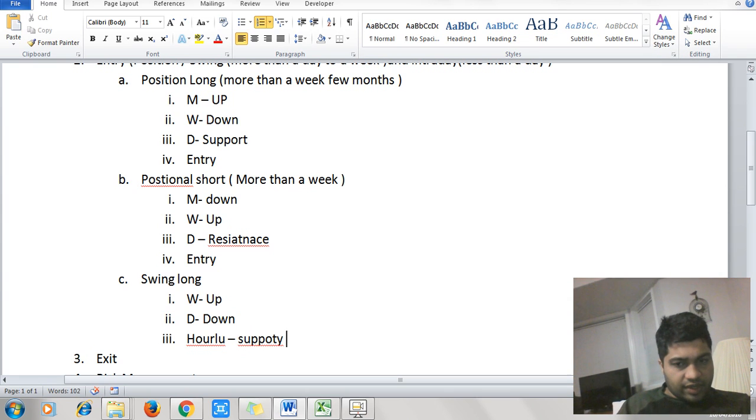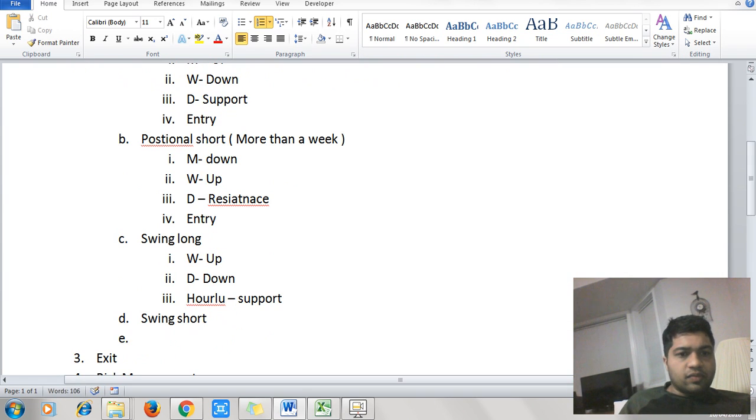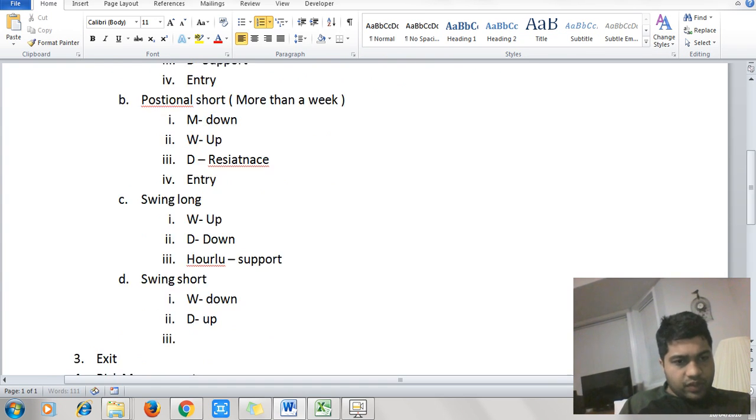Support is your entry. D, swing short. Weekly it should be down, daily it should be up, and hourly it should show resistance.